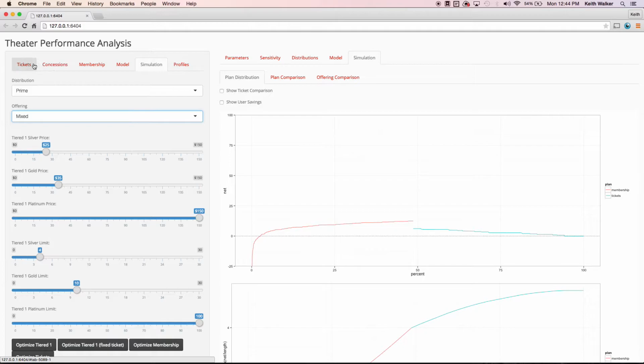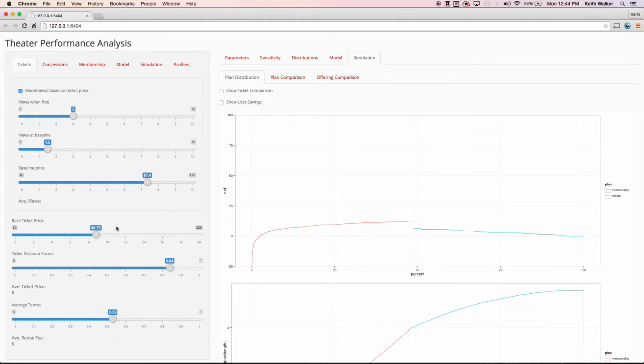So if we increase the ticket price, we should see more people join the membership because it costs more to buy tickets. Yeah, so more people join, but also this whole line dropped because now you're paying more in rental fee. So that's sort of the power of this.